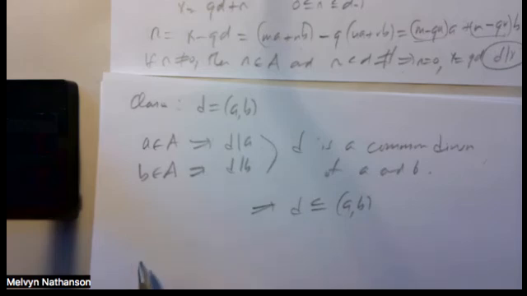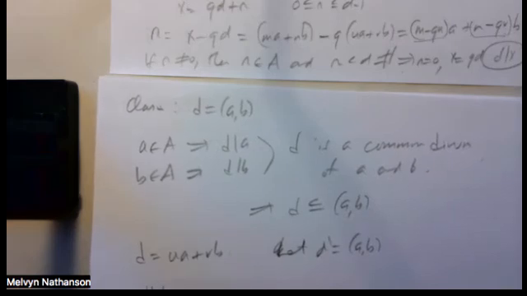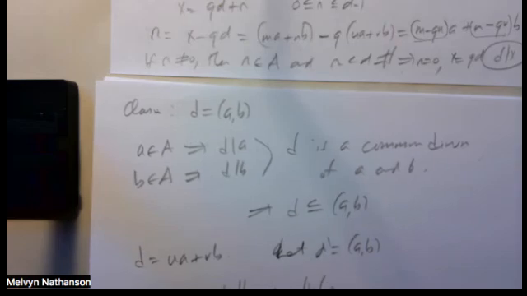On the other hand, D is equal to ua plus vb. Suppose we let D prime be the greatest common divisor of a and b. So D prime divides a, and D prime divides b. That means D prime divides u times a and v times b, and their sum.